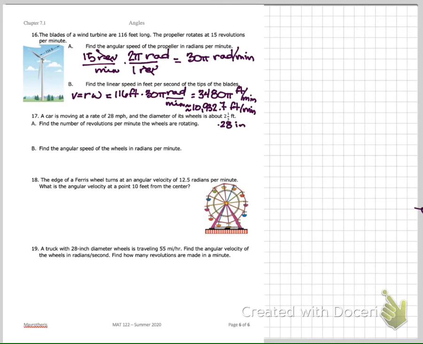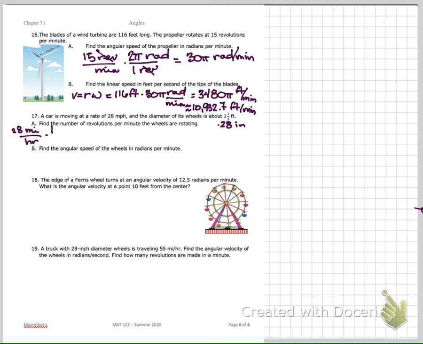Okay, so we're looking for revolutions per minute. So let's see if I can give myself as much room as possible here, and start with our 28 miles per hour. I know I've eventually got to convert it into revolutions per minute.